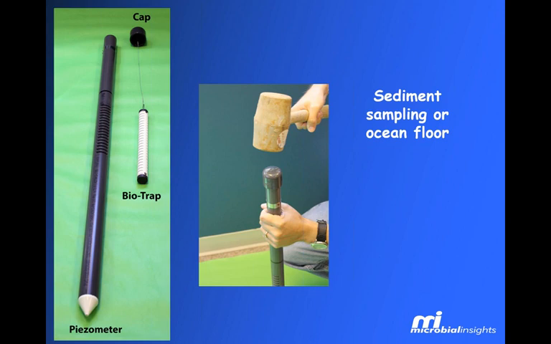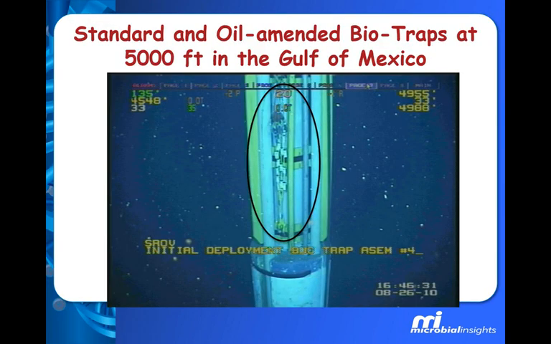This one was used offshore in China, using a piezometer as a housing. You can see the biotrap there. It's a bit longer in this case than the standard biotrap, and it was deployed adjacent to the slots that you see in the piezometer. And then the entire assembly was basically hammered into the sediments on the ocean floor at the desired depth.